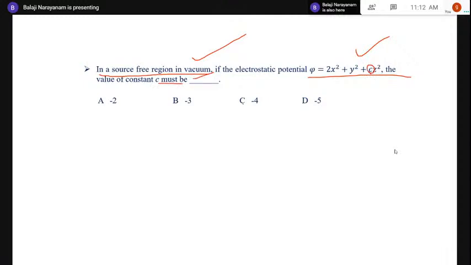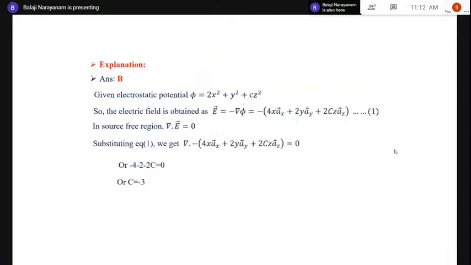So again, think a while what equation or concept is to be applied for finding the solution for this one. Given electrostatic potential as phi, we are taking appropriate notation for our easy understanding. Though something else was given in the problem, we will take our comfortable notation. So given electrostatic potential phi is equal to 2x square plus y square plus cz square.